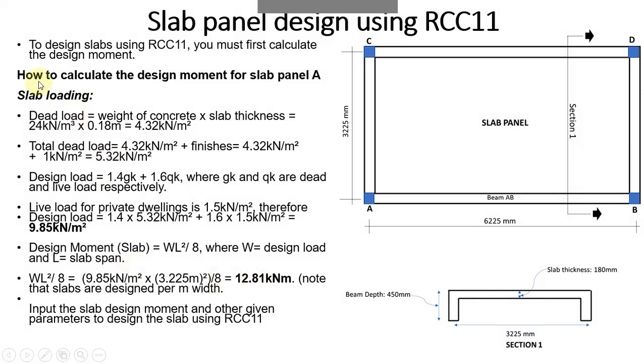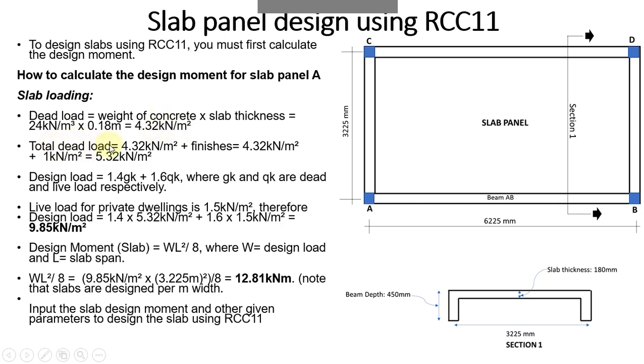Now, how to calculate the design moment for slab panel A. So here is how I did it. Dead load is equal to weight of concrete times slab thickness, which is 24 kilonewton per meter cubed times 0.18 meters, which gives 4.32 kilonewton per meter squared. That's the dead weight of the slab.